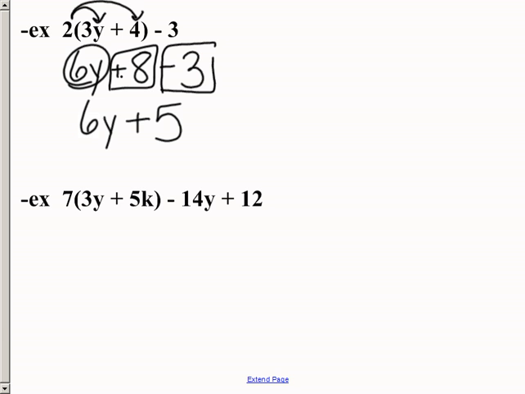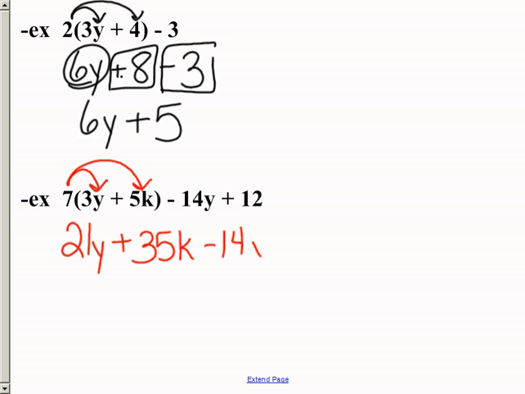All right, our last example here that we're going to do together, I can do 7 times 3y, which is 21y, plus 7 times 5k, which is 35k, and then I have minus 14y plus 12.